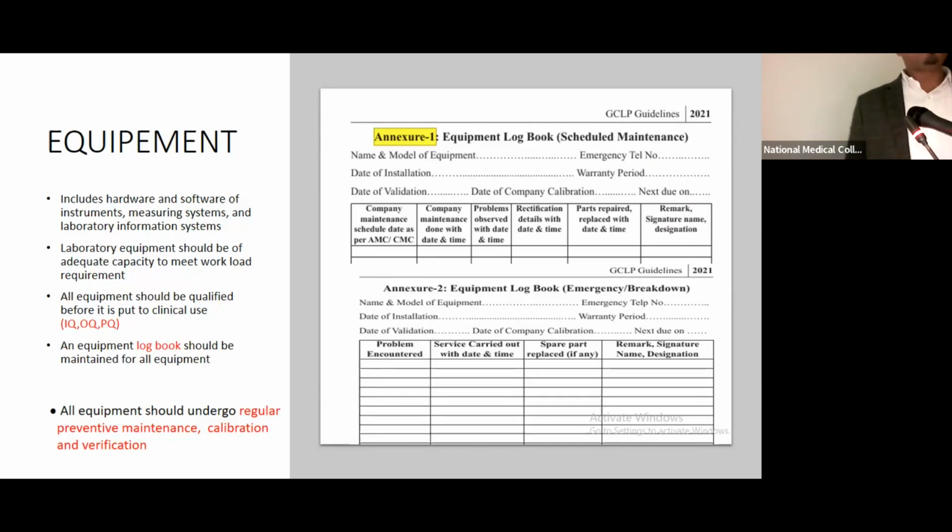And the logbook of the users involved in testing using that machine should also be kept, so that traceability and confidentiality of the results can be ensured. And regular preventive maintenance, calibration and verification that the equipment is functioning well should be maintained.